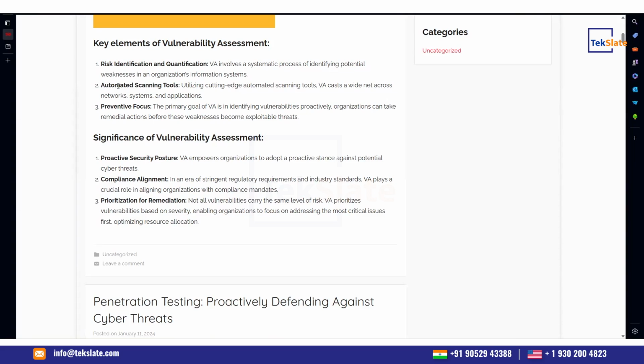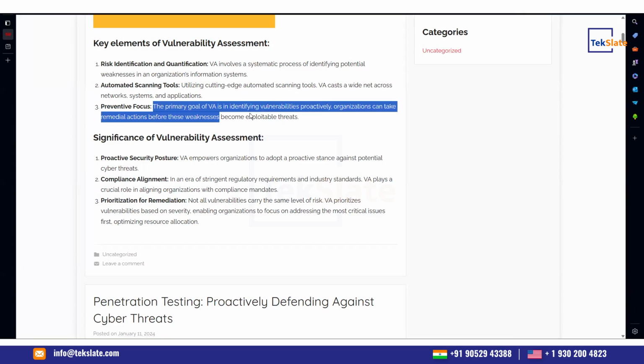We'll use automated scanning tools like Nmap and others. These are the automated tools we'll use in vulnerability assessment for finding vulnerabilities in our organization. After getting the vulnerability information, we'll focus on prevention. How to prevent those vulnerabilities? How to prevent that risk in an organization?